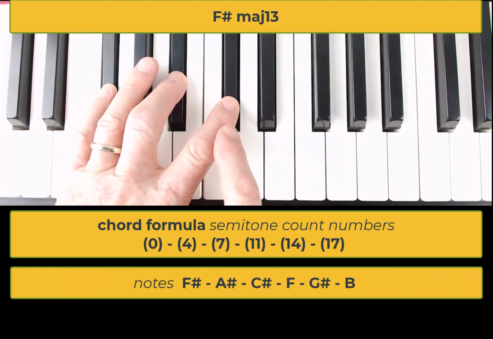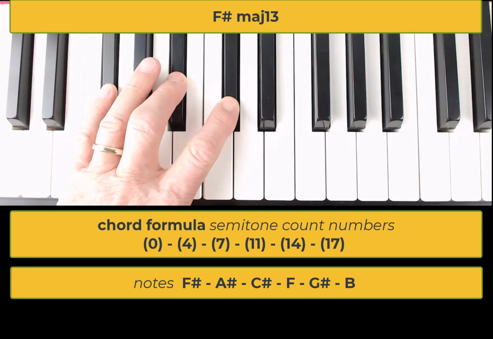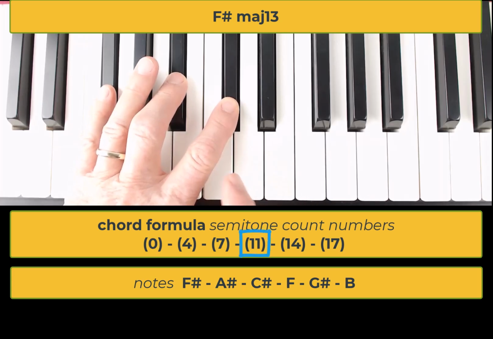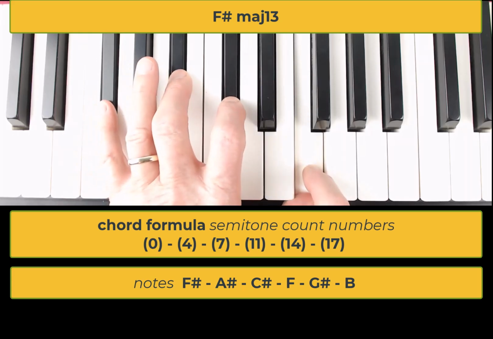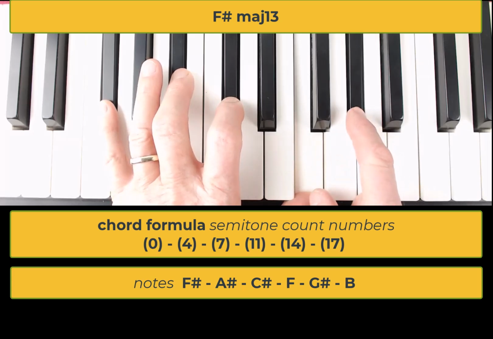Then, because it's a major 13th, we've got to have the number 7 note position number, not the flat 7. So in this case, that's the 11. Right now we're at the 5, semitone count number 7: 8, 9, 10, 11. So we're going to play that note, and then our number 9 note position note is going to be the G sharp, which is semitone count 14.